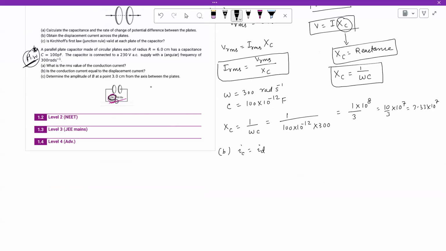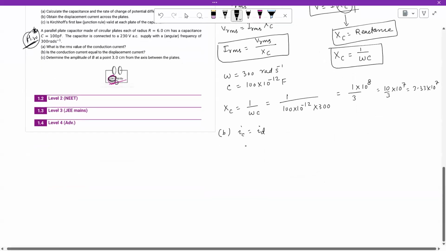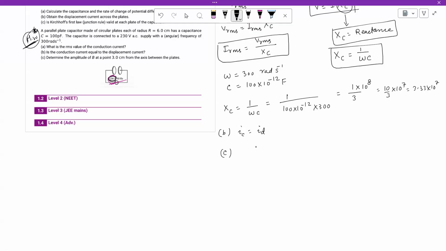Now we have to determine the amplitude of B at a distance of 3 centimeter from the axis between the plates, right? So we have to find out the magnetic field, and current we know.